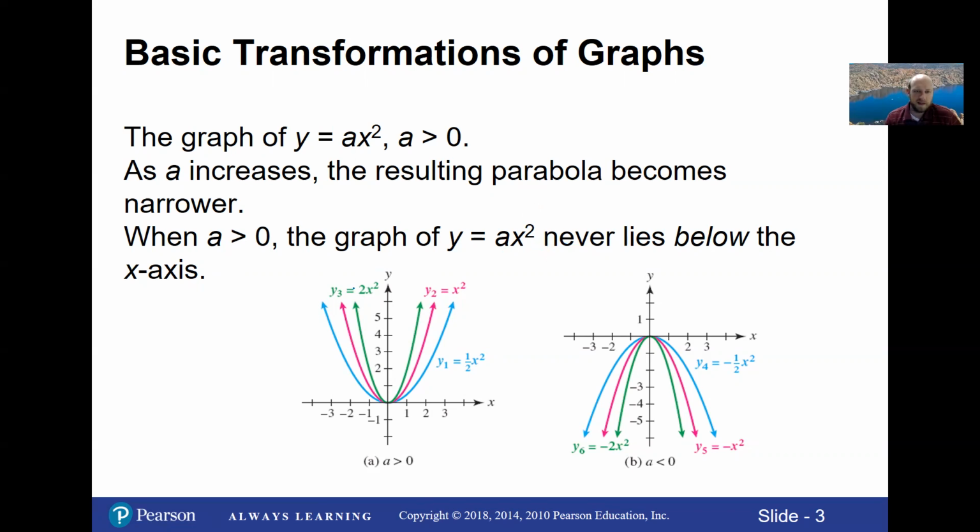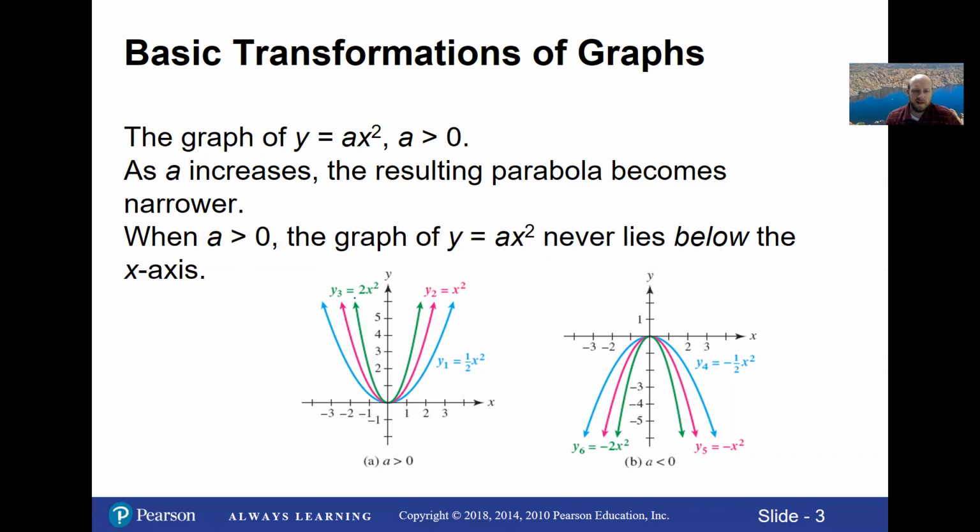Another thing we have to look at is the number a: is it greater than 1, or is it between 0 and 1? Is it a fraction? If it's greater than 1, it's going to be closer to the y-axis.